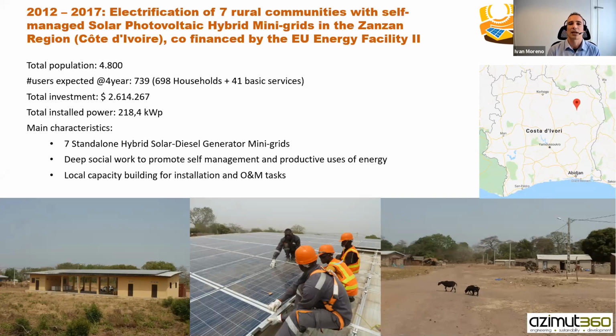So this is 7 standalone hybrid solar diesel generator mini grids, the classical off-grid scheme, with diesel generators, which make it a bit expensive. Here they had to do deep social work to promote self-management and productive uses of energy, to understand how the system works and how to optimize its use. They also have local capacity building for installation and operational maintenance tasks.